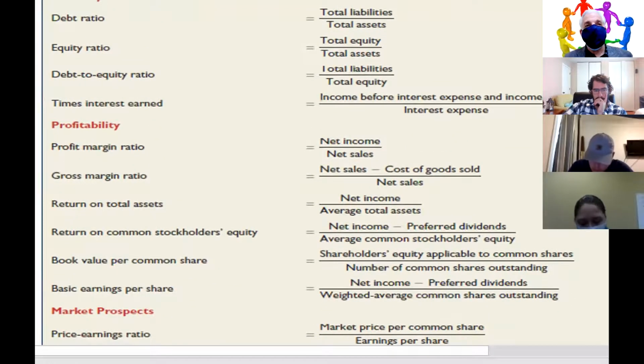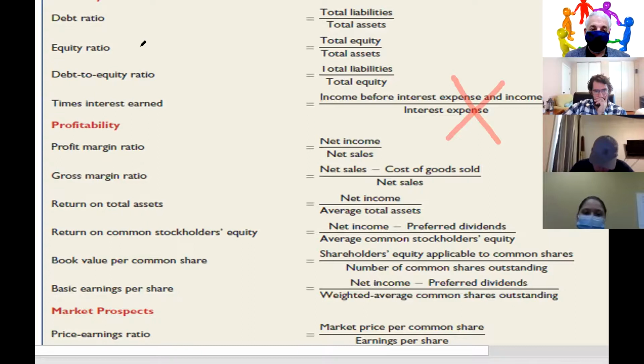This is also your weekend project for your discussion. So pick a company, do the financial analysis, pop it into the spreadsheet. Times interest earned, I said not to worry about that one. Profitability, yes. And they say gross margin ratio, gross profit, same thing. Don't worry about that.